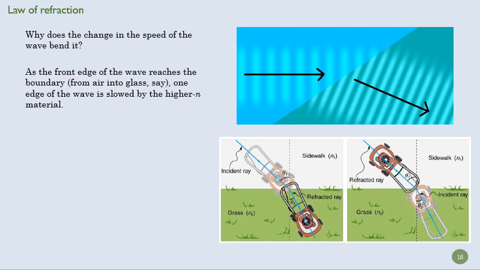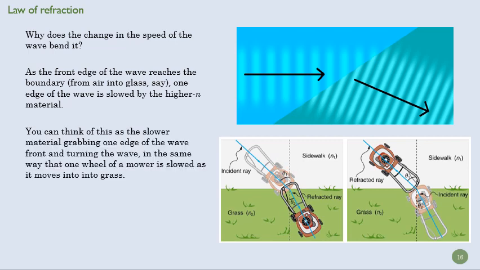As you go from the faster medium to the slower medium, this angle is always going to be bigger than this angle here. We can think of it like this lawnmower example: when you go in, the grass sort of grabs your tire, and as you push, the mower naturally turns into a more perpendicular direction.